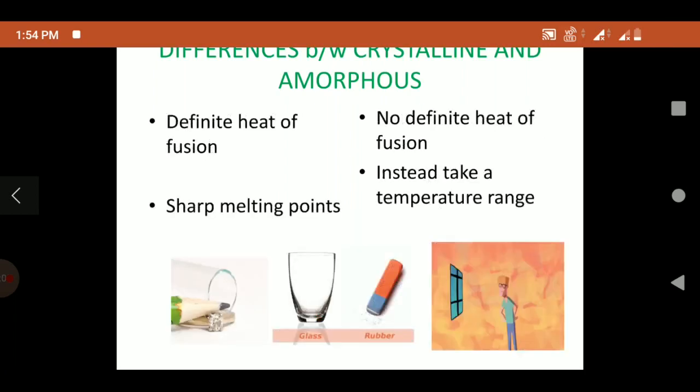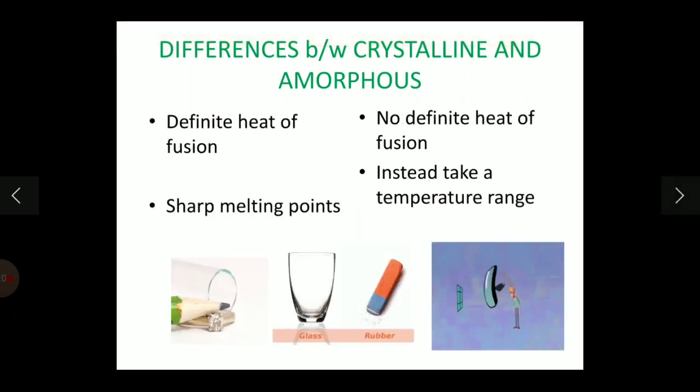Now let us see another difference, definite heat of fusion. Heat of fusion means the heat required to fuse, that means melt, a substance. As I already said, when you melt a crystalline substance, it takes a particular temperature. That is a definite heat of fusion.